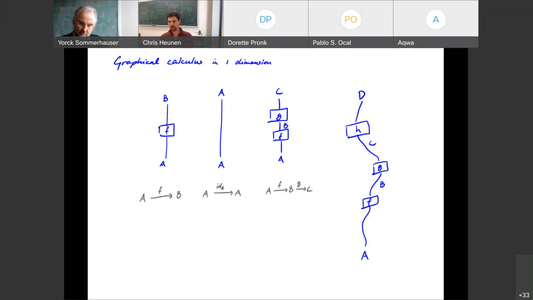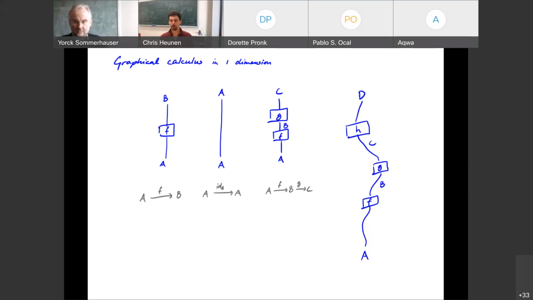I've been slightly cagey about this, but what does it mean literally to draw such a diagram? Let's say this picture on the right here. I have 3 boxes F, G, H, and my wires are a bit wiggly and the boxes are not neatly on top of each other, etc. But I'm going to think of this as literally the same.